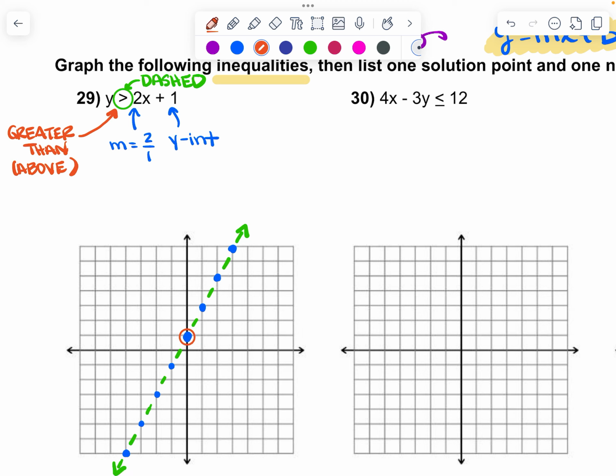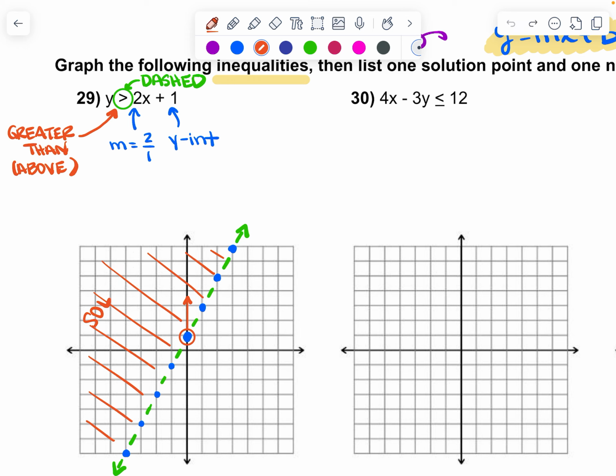Remember, right now this is our y-intercept, and we're saying all the y's are greater than. So we want all the y values that are from 1 up. And those are all going to exist on this side of the line, or above the line. You can shade it fully with your pencil or just put some lines, as long as I can tell which side is the shaded solution region. I'm even going to write that in here.